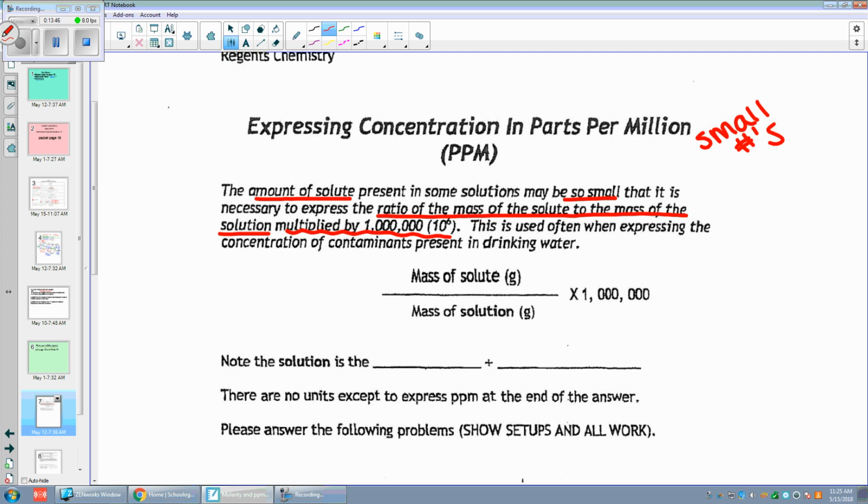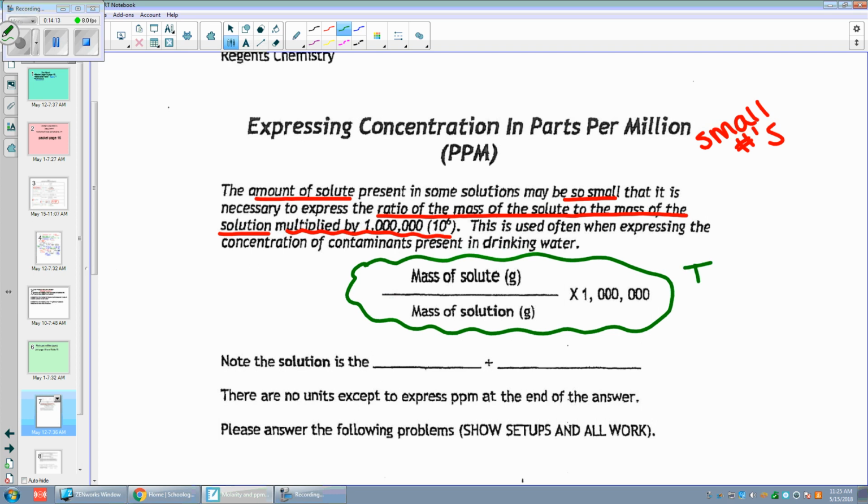This is used often when expressing the concentration of contaminants present in drinking water. If you didn't know that, there's many other things in your drinking water. We've talked about that in class. It is not just water. It is all safe for you to drink. But certain things like lead, you don't want to have too much in it. So they will measure it in parts per million. So this is my equation here. This is what you will find right on table T.